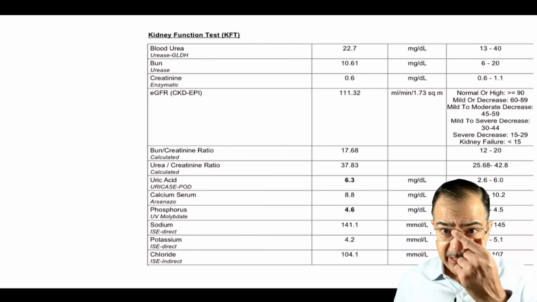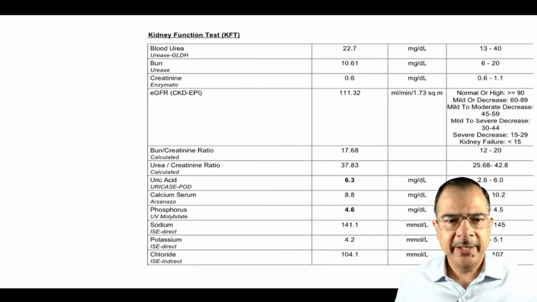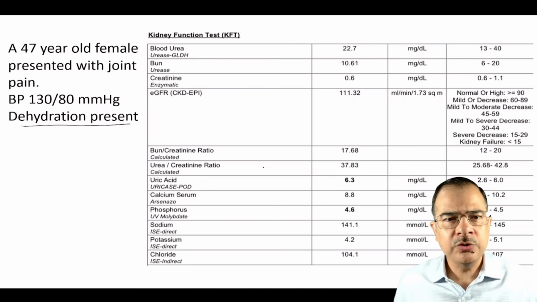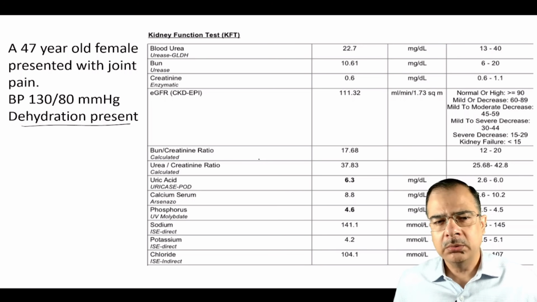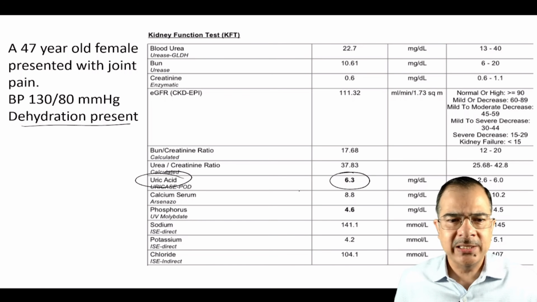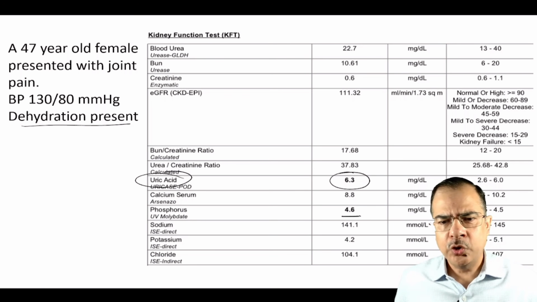Alright, so these are the kidney parameters which are given to you, and this patient presents with joint pain, and dehydration was there. So because of the dehydration, when you look at the uric acid level, it is slightly on the higher side. Though phosphorus is just 0.1 unit high, we can ignore that.